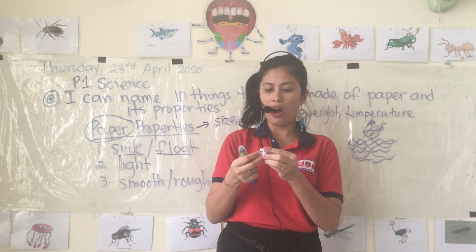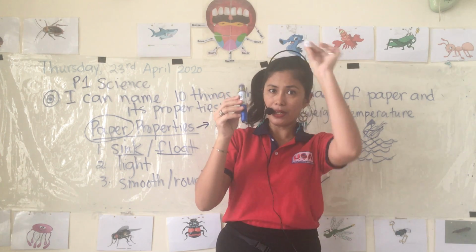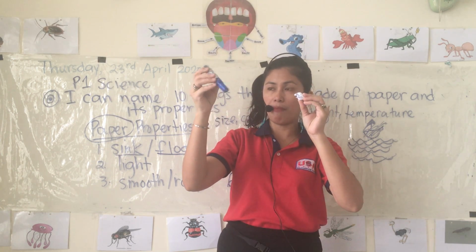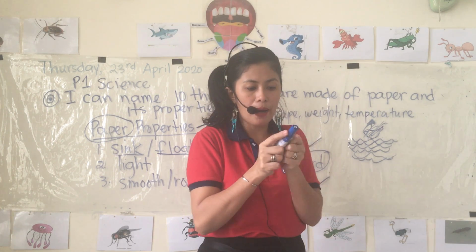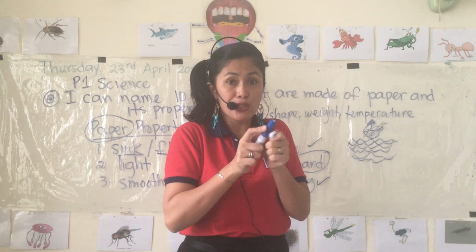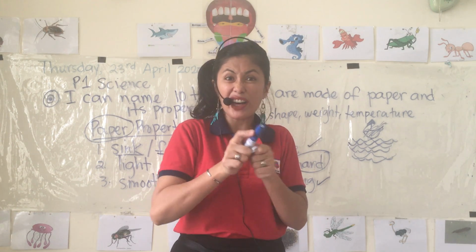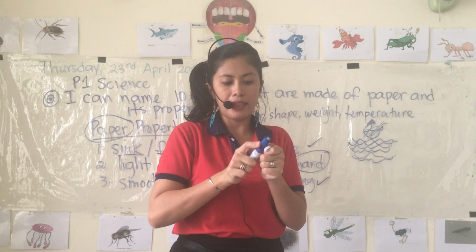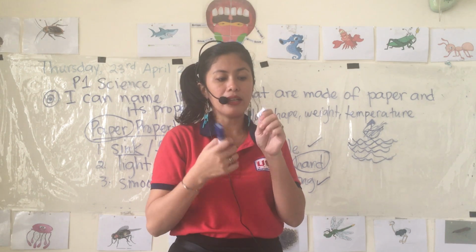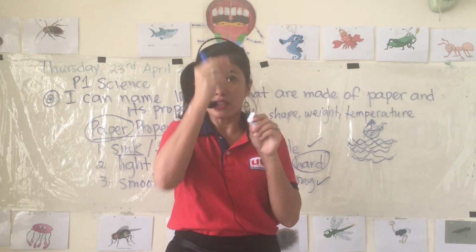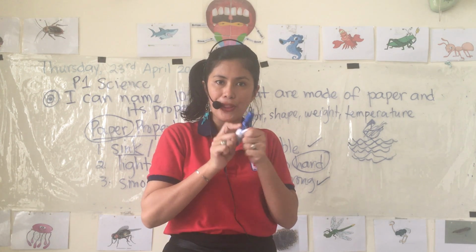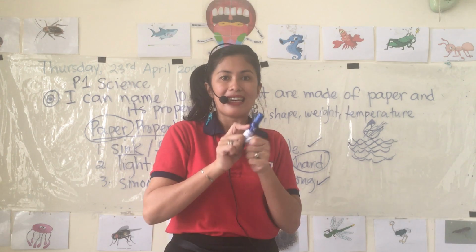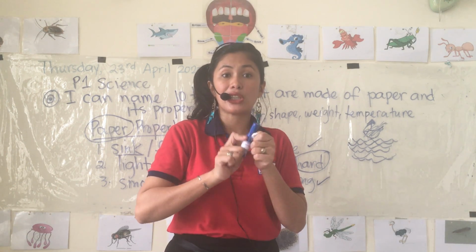Which one is hard, a paper or this marker which is made of plastic? Hardness is when you scrub. If you scrub it for a long time, if you scratch it, it is the paper that will get scratched, have lines in it, because hardness is how easily a material gets scratched.